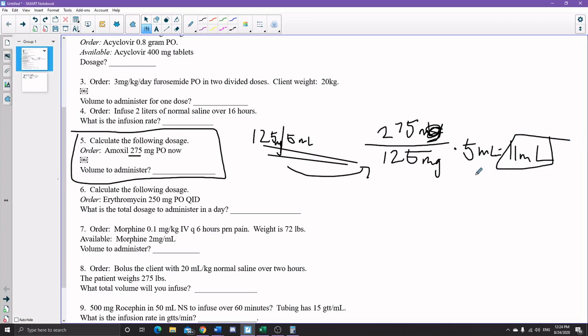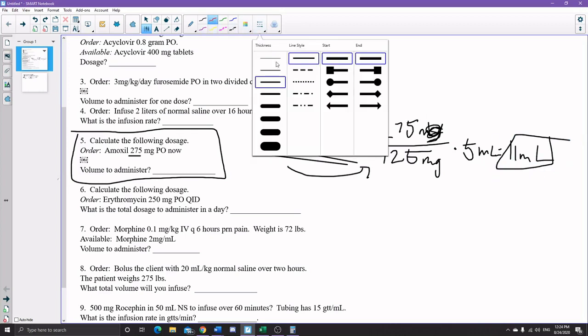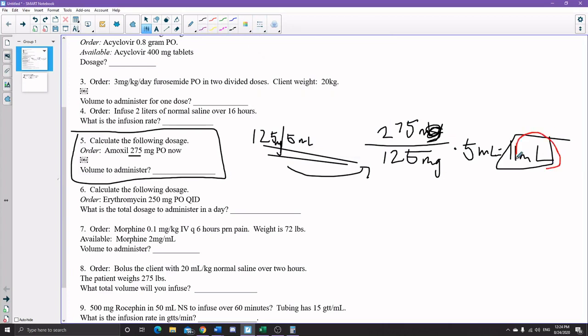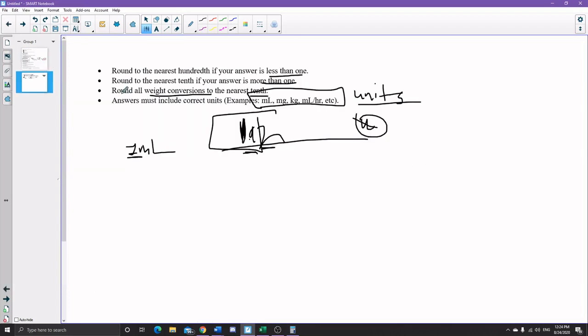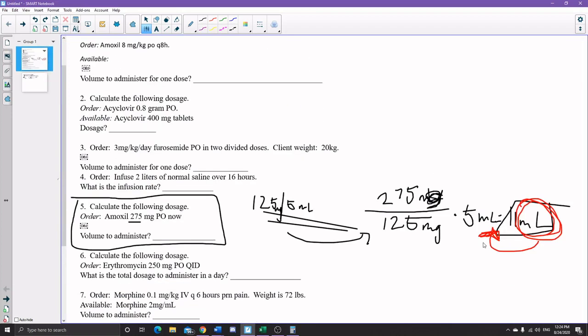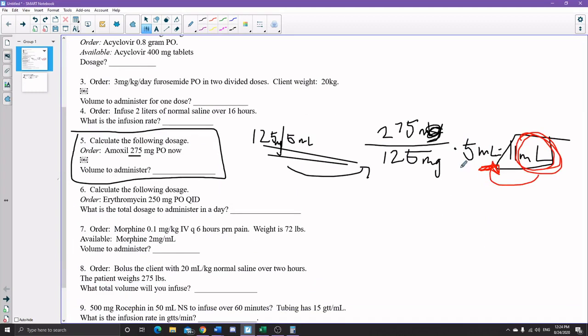Remember, this value right here is always the variable. I don't even know what it's called. What is it called? Unit. The unit is always the last one you use.